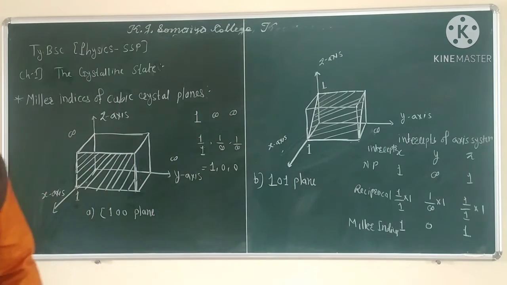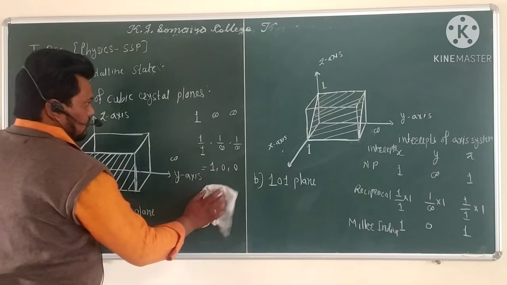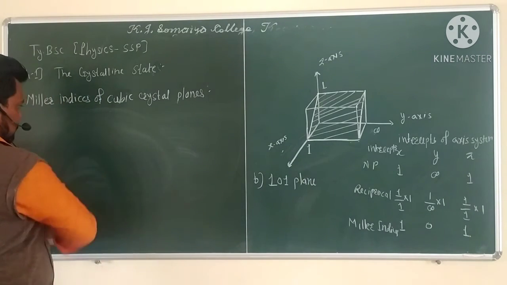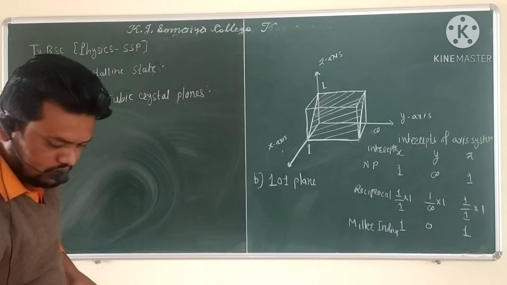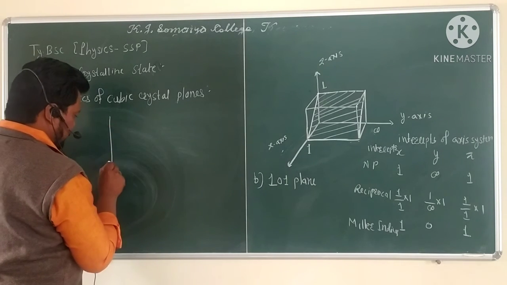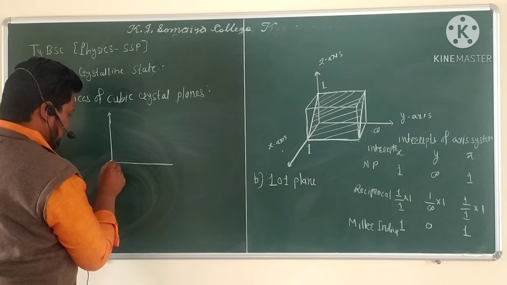Again we have to see the 111 plane. Consider the axial unit system, the 3-axis coordinate system in 3-dimensional space.